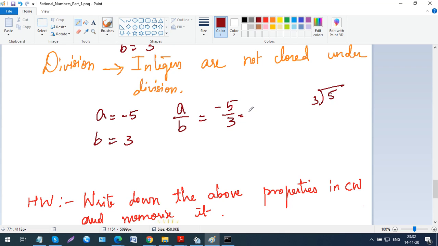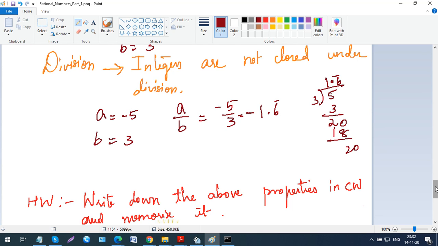So let's divide 5 by 3 and see. 3 ones are 3, and then you get 2.0. 3 sixes are 18. So you're getting 1.6, and then it goes on repeating. So you're getting a decimal answer. So a decimal number is not called an integer. So integers are not closed under division.